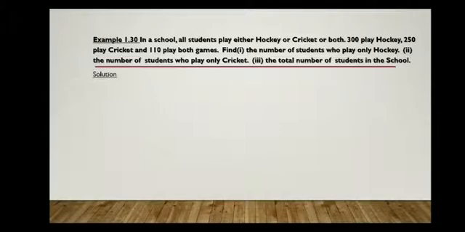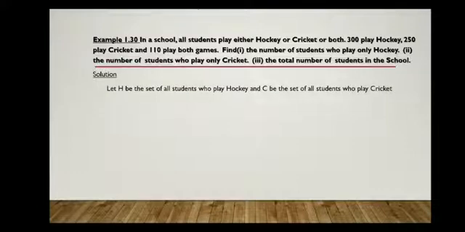Let H and C be the sets of students playing hockey and cricket. Let H be the set of all students who play hockey and C be the set of all students who play cricket.